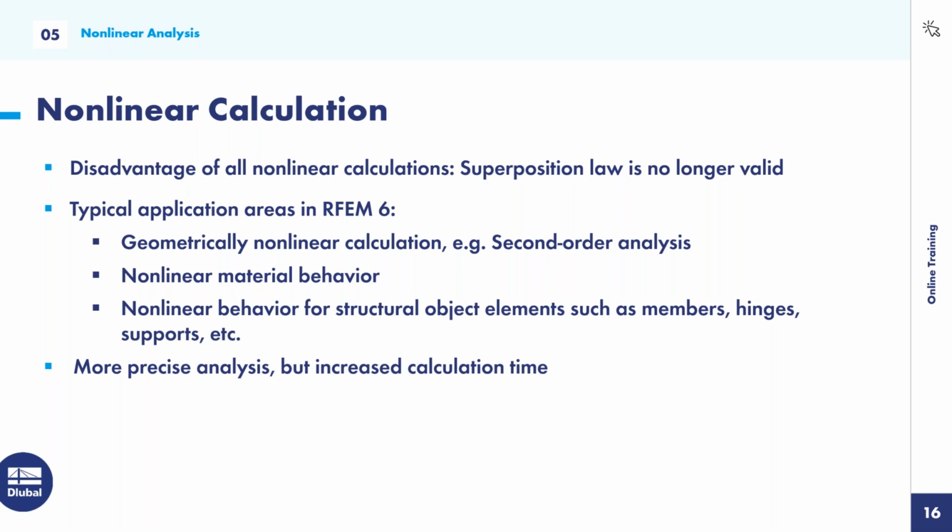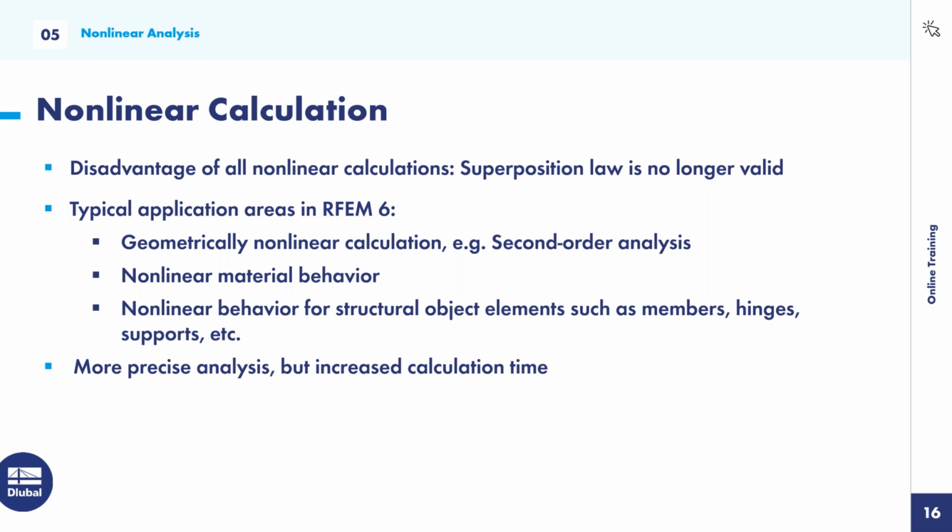Then we have nonlinear behaviors for structural objects or structural elements such as members, hinges, or supports, for example. And we'll be getting into examples of these nonlinear behaviors in just a second.